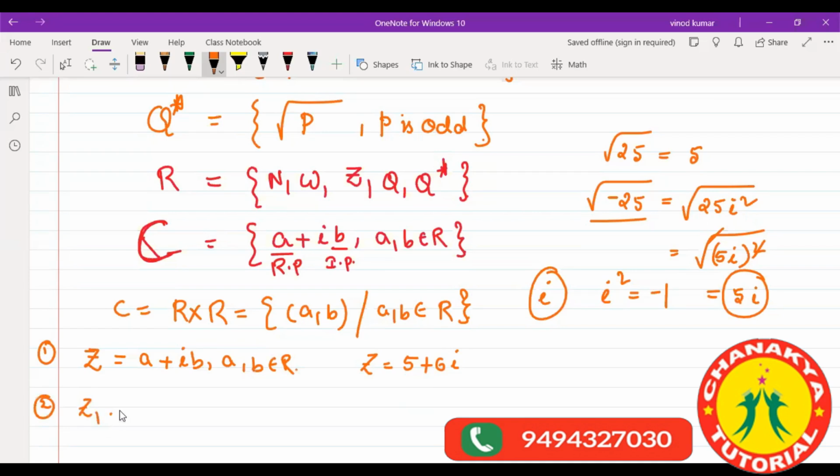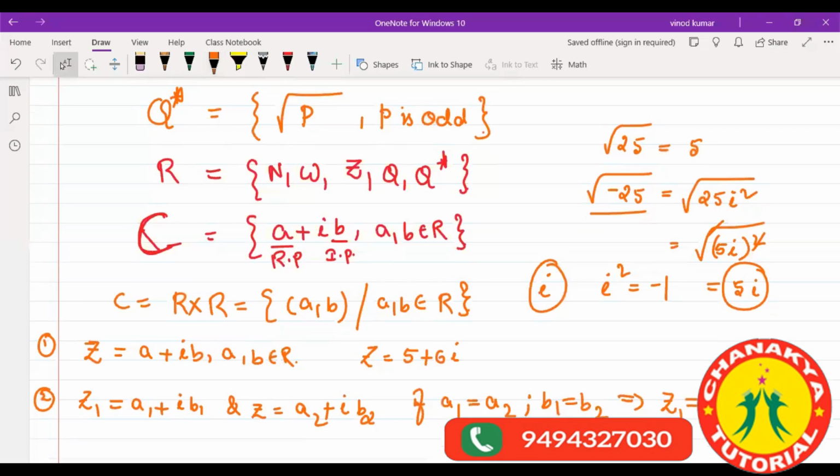If z1 equals a1 plus ib1 and z2 equals a2 plus ib2, and the real parts are equal, a1 equals a2, and the imaginary parts are also equal, b1 equals b2, then z1 equals z2. If the complex numbers are equal, then their real parts and imaginary parts are also equal.